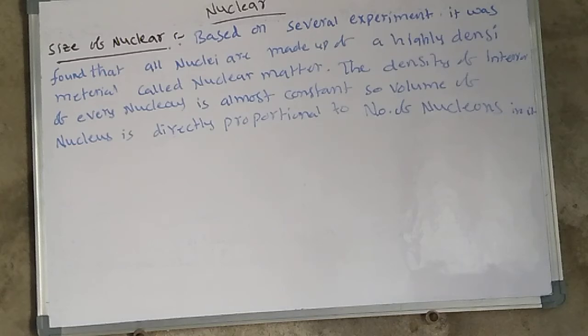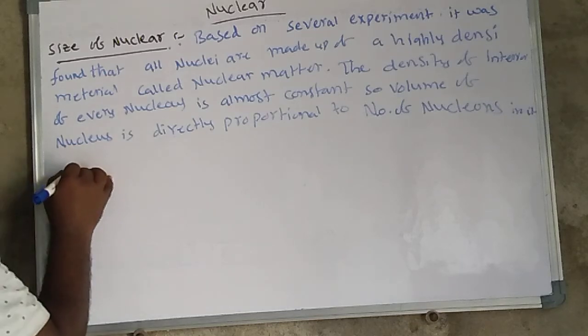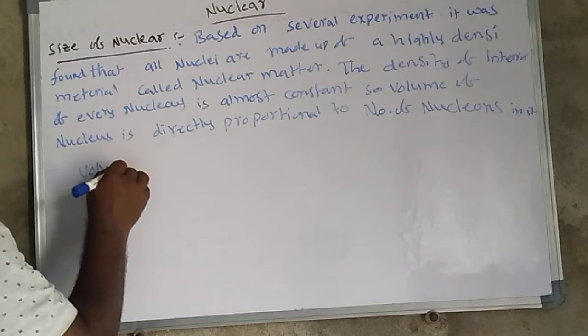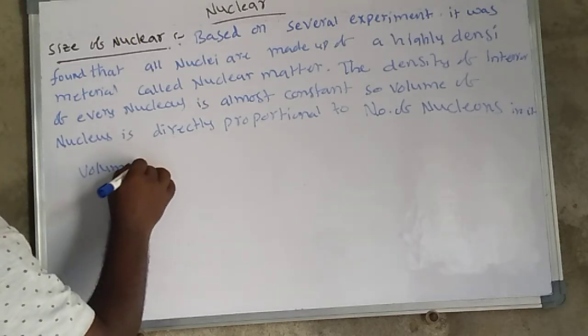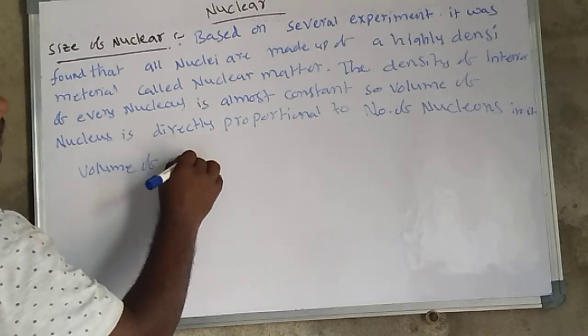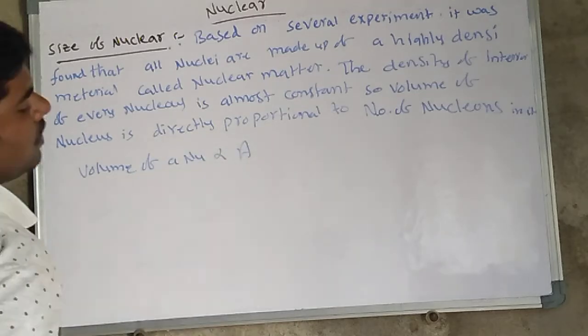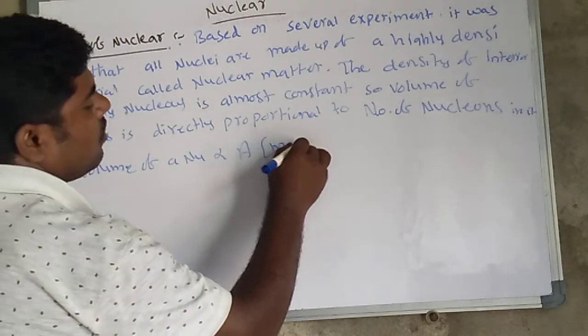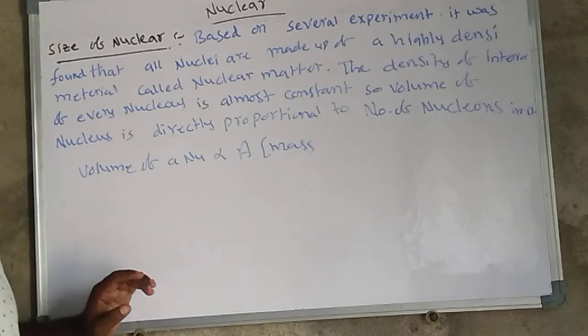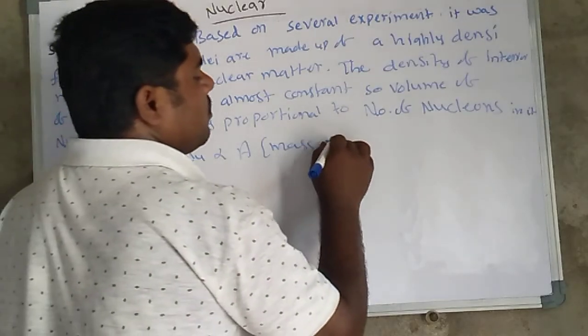So the volume of a nucleus is directly proportional to A, where A is the mass number of the element.